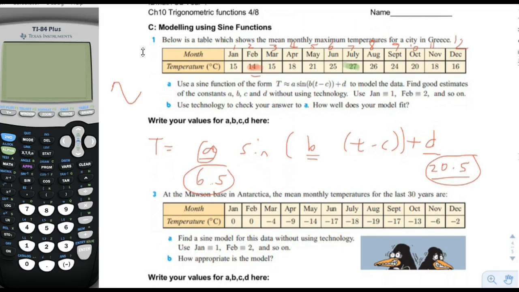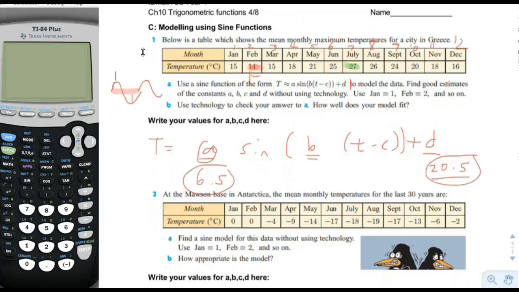Okay, it looks kind of like this, and one period is like this far, right? So how many periods does it take to go from the min to the max? This is the max, this is the min. It looks like half a period to me. Okay, so if we measure the time between the max and the min, we can see that it is 5 months. So half a period would be 5 months. The whole period would be 10 months.